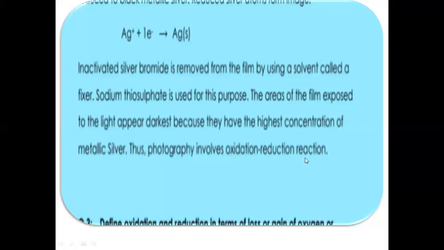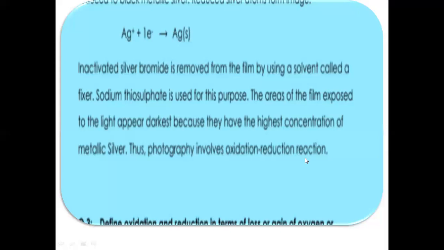The white part shows the image of the person, because the light cannot pass through the body of the person, so their body protects the silver bromide on the film from exposure to light, and hence the shadow appears on the film.